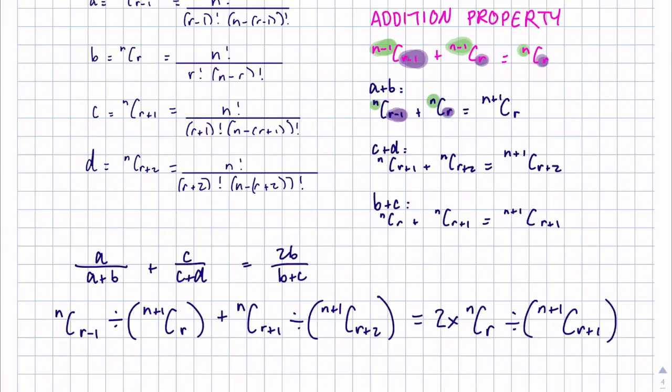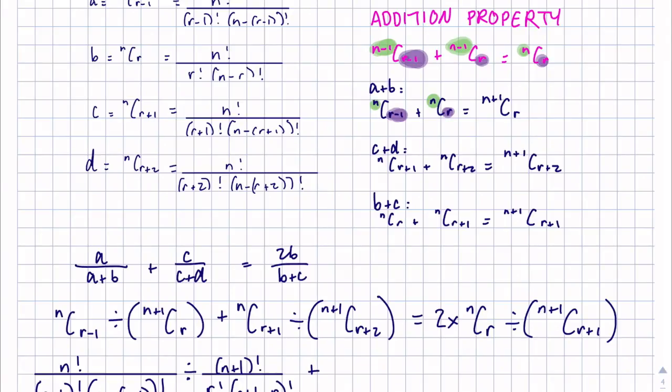Okay, so nC(r minus 1) is the same as n factorial over (r minus 1) factorial (n minus r minus 1) factorial. And that's been divided by (n plus 1) C r, so (n plus 1) factorial over r factorial (n plus 1 minus r) factorial.